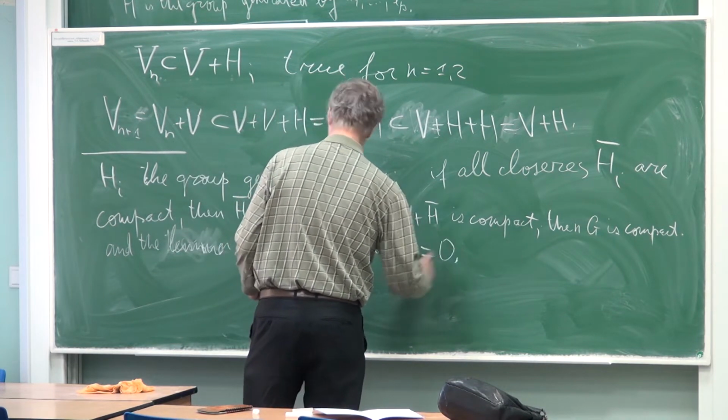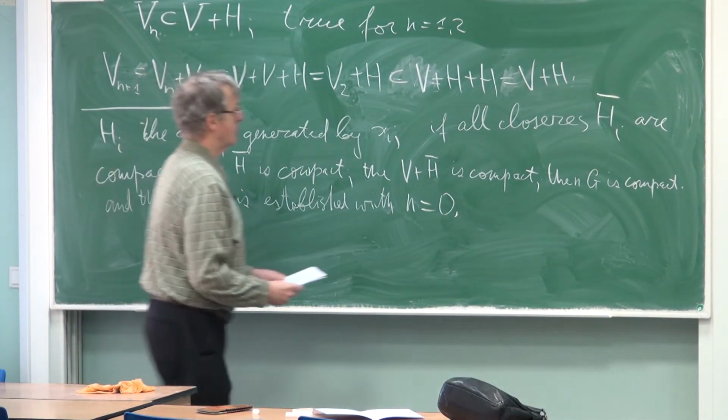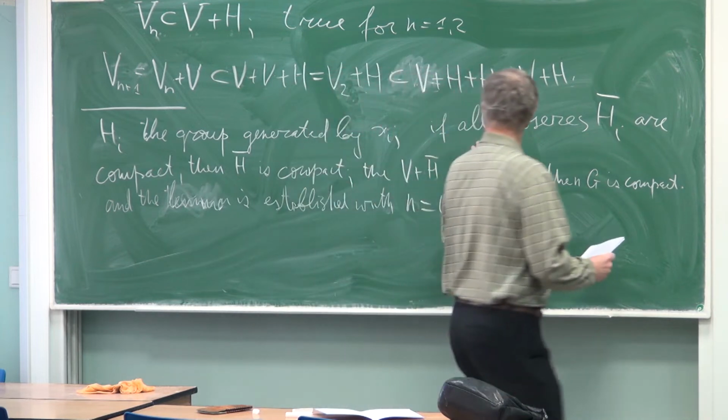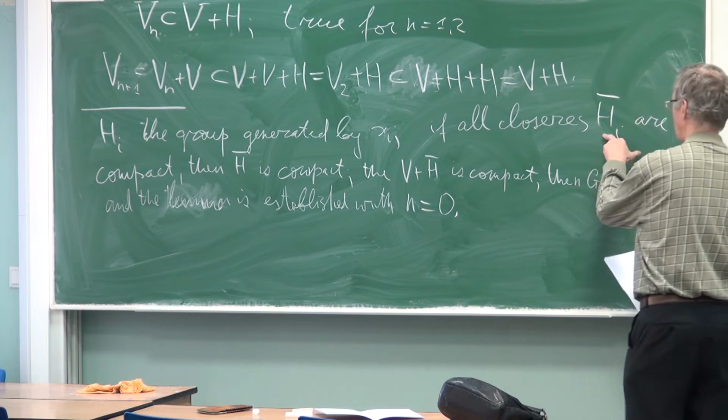Simply with n equal to 0. Now, if G is not compact, then at least one of these closures is not compact.